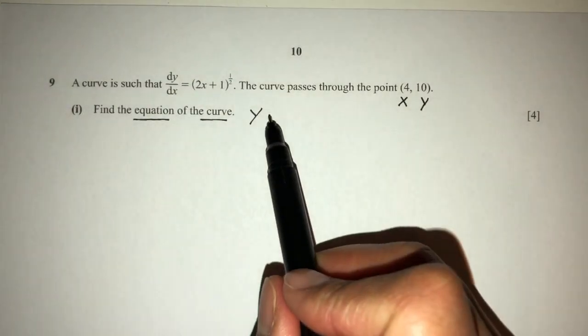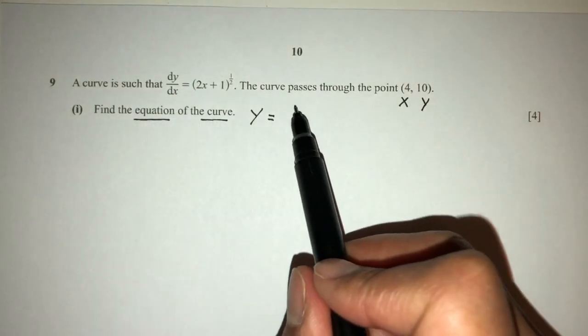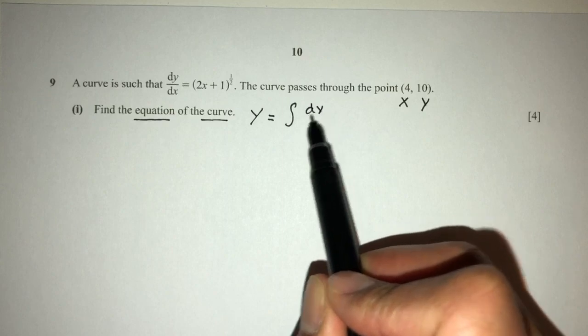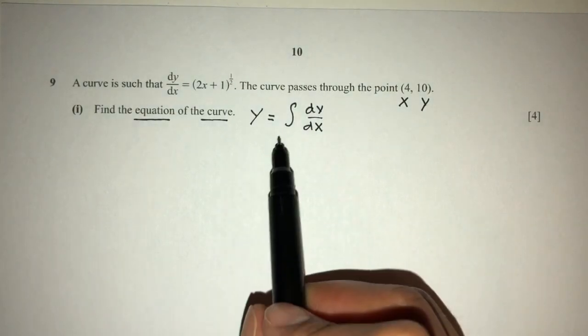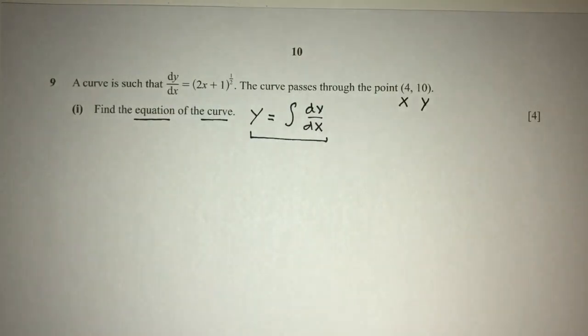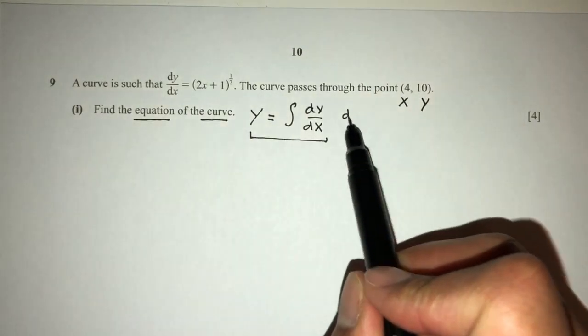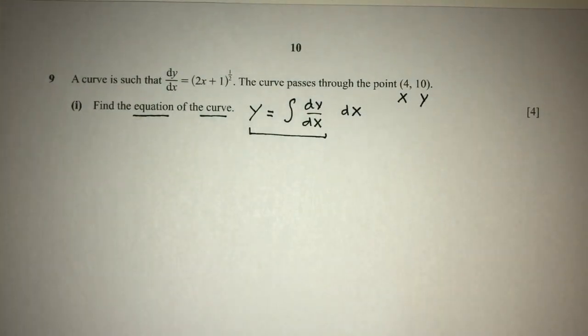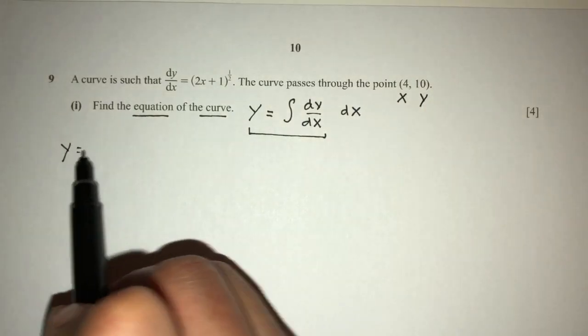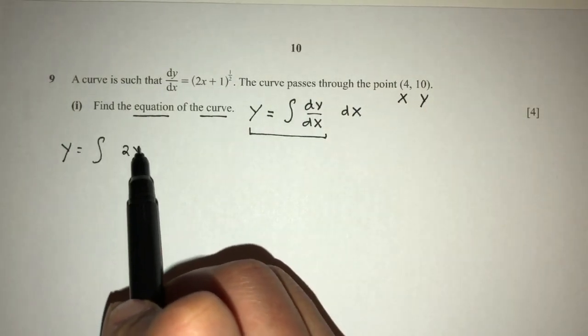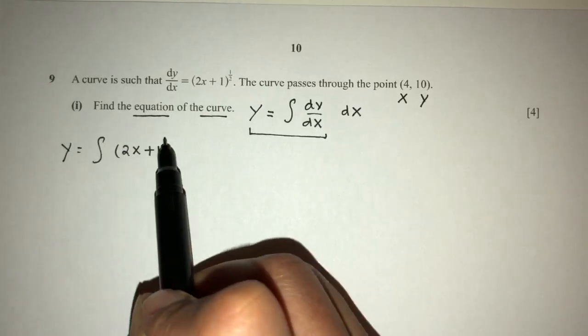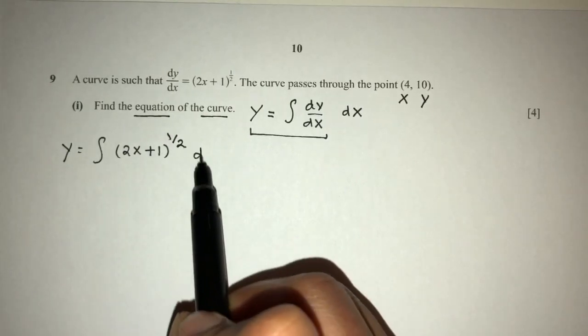So how do you find y from dy by dx? You have to find it by integration. This is something you'd have to know. y is equal to the integration of dy by dx with respect to x, obviously. So let's do that. y will be the integral of (2x plus 1) to the power half dx.